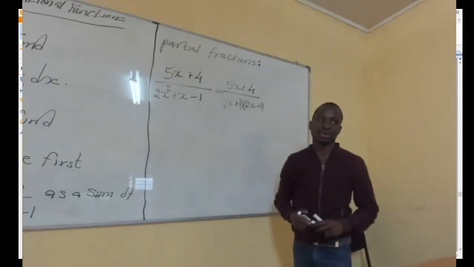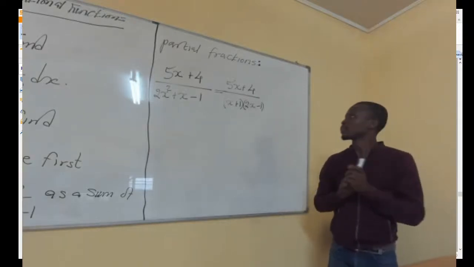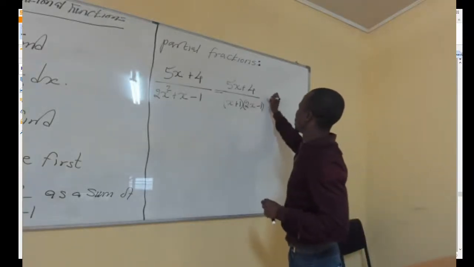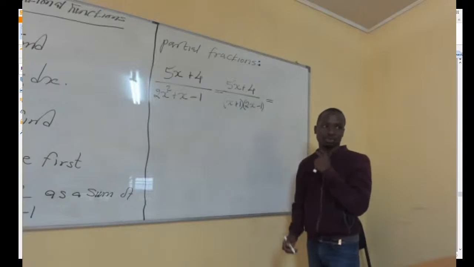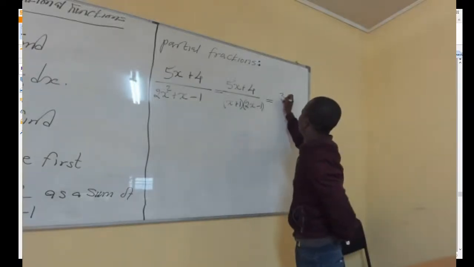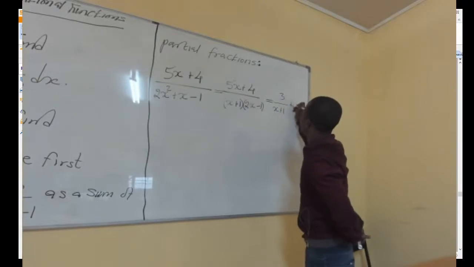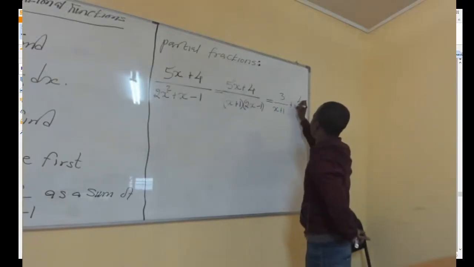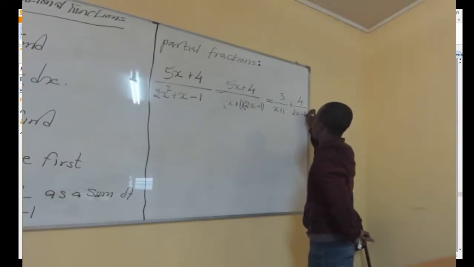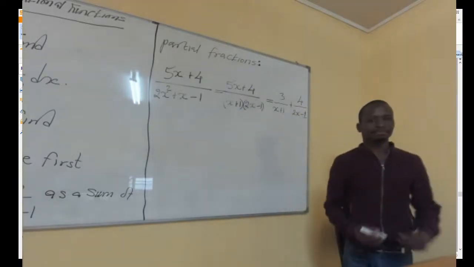So this is what you're going to get. Now, in partial fractions, this becomes 3 over x plus 1 plus 4 over 2x minus 1. Okay.